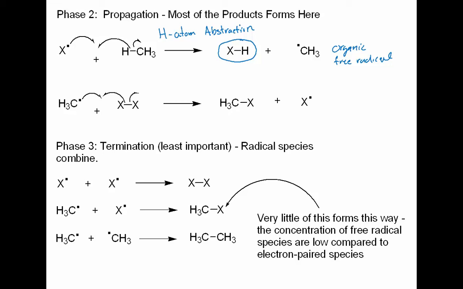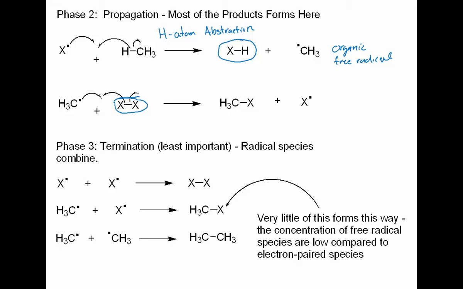In the second step of the reaction, we're going to take the free radical and an intact halogen molecule. This has an X-X bond now. This is not a free radical halogen. This is actually the original starting material, either chlorine or bromine.